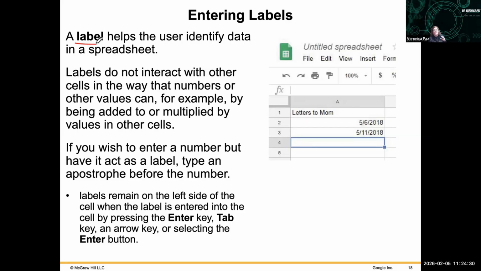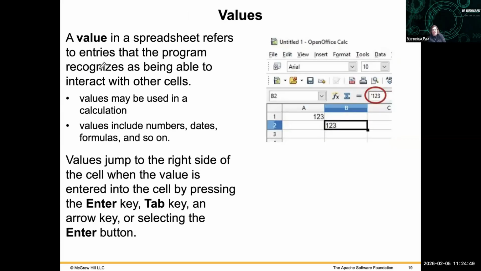The labels don't interact, that's a key point, with the other cells the way it's like when we enter numbers or values, but it stays on the left-hand side. And I would do this only if you have large data sets, because if it's a small data set, I wouldn't bother going into labels. But if you have a large data set, then I would.